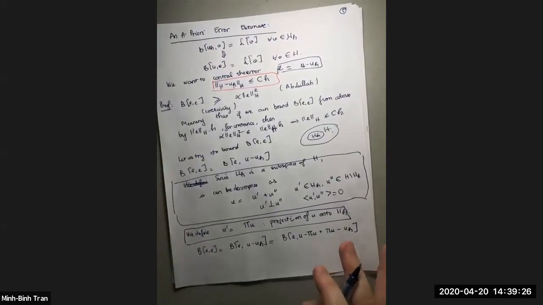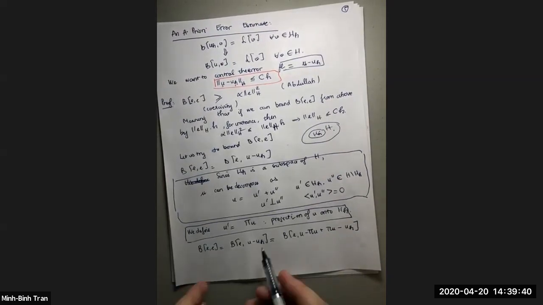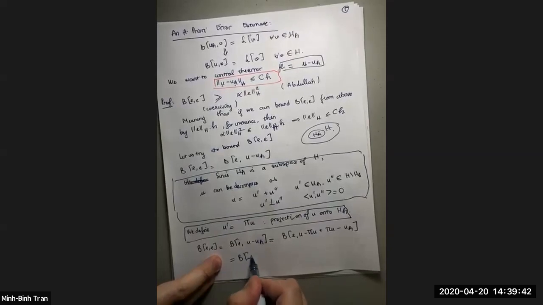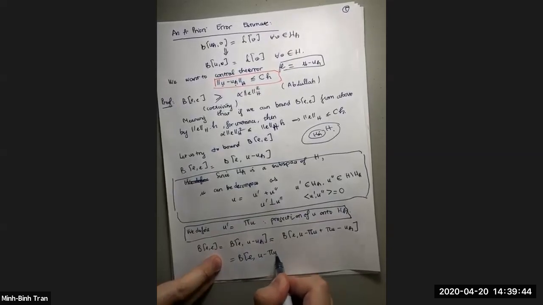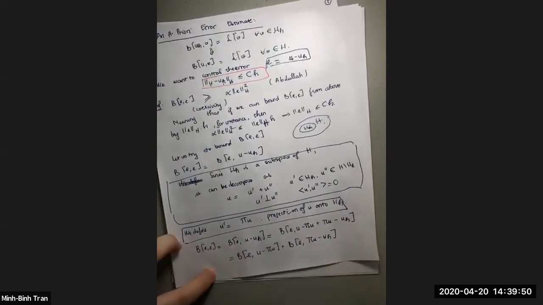I'm using this projection of U onto the finite space HS. So U minus UH is U minus pi U plus pi U minus UH, and this is linear, so I have B of E, U minus pi U plus B of E, pi U minus UH, because of linearity.